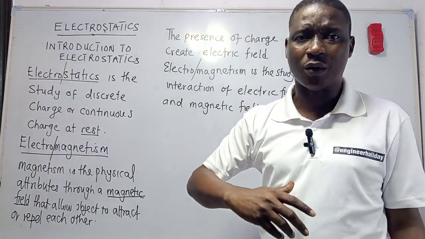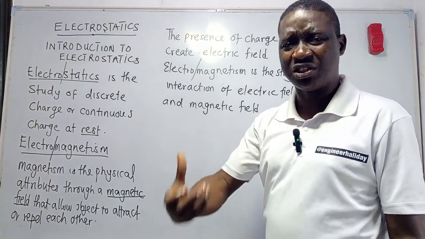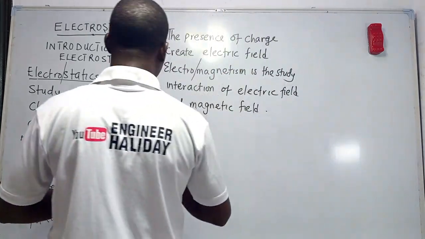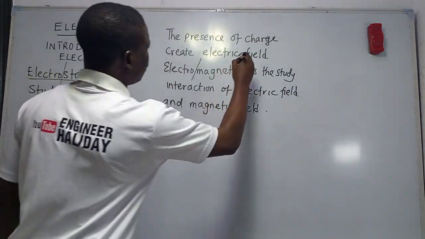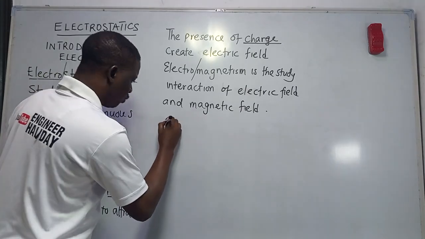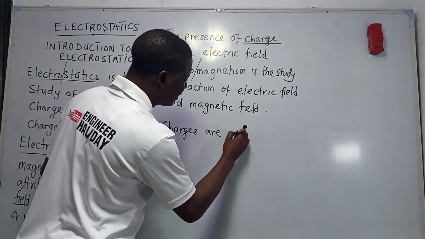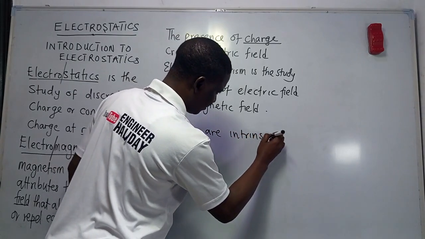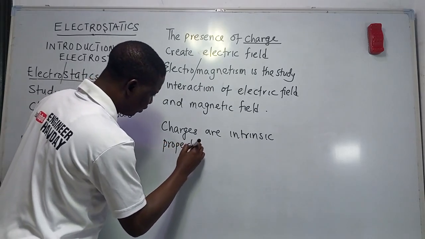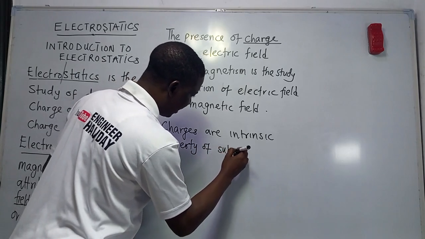So when we talk about the electromagnetic field, we are talking about the study of the interaction of magnetic and electric fields. Now, we have also mentioned charge. What is a charge? Charges are an intrinsic property of some particles.